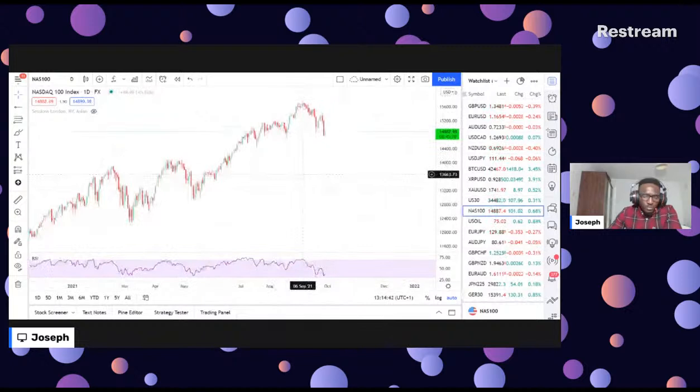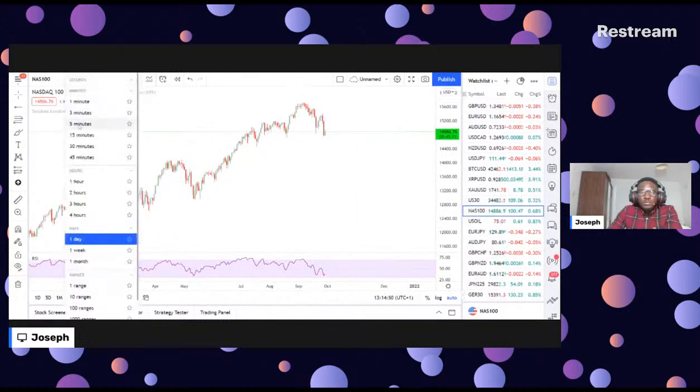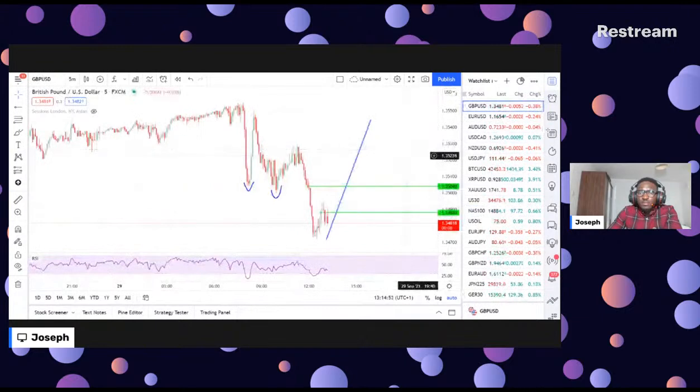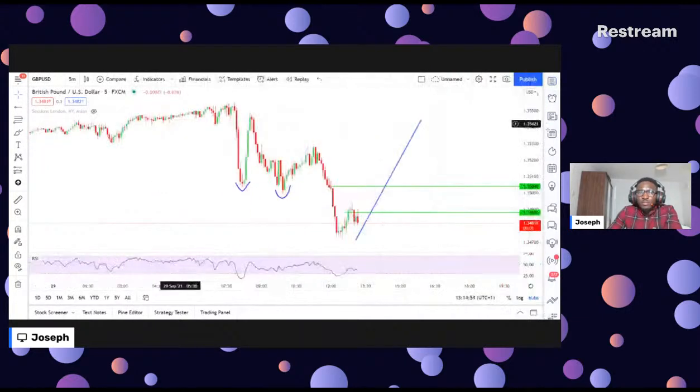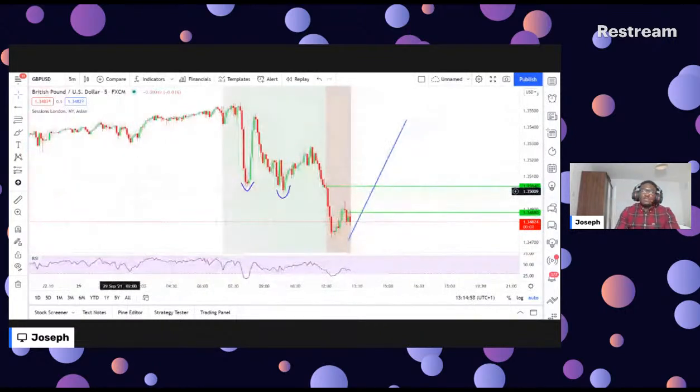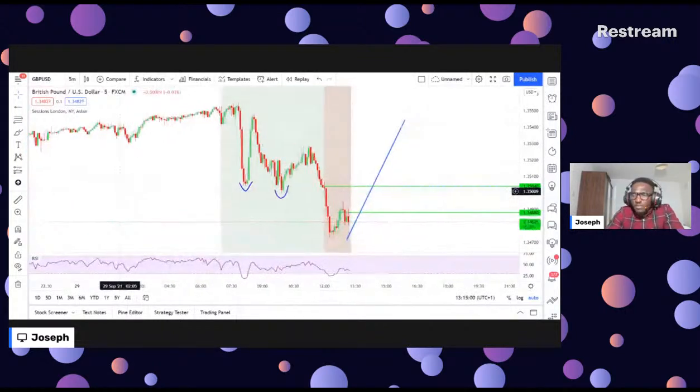Let's see if there is any kind of fundamental news. I don't really pay attention to the news except if it's an interest rate decision or non-farm payrolls when I'm trading this strategy.